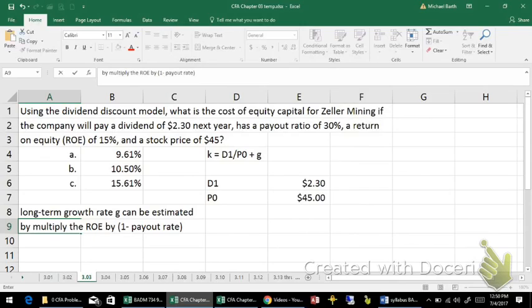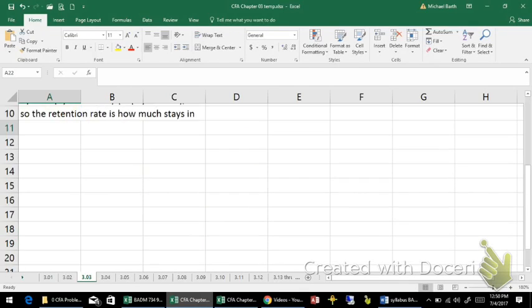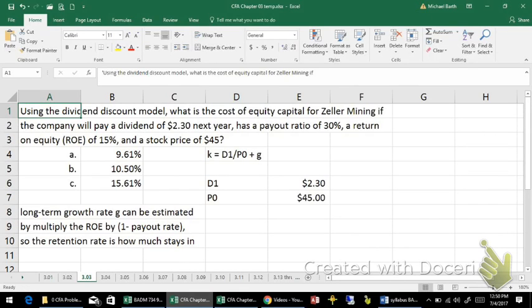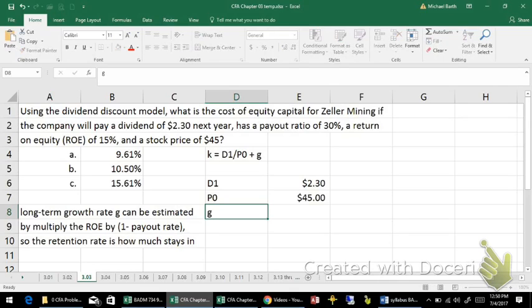The payout rate is how much goes out, so the retention rate is how much stays in. So I can estimate G, my long-term growth rate, by using the model ROE times 1 minus the payout ratio.